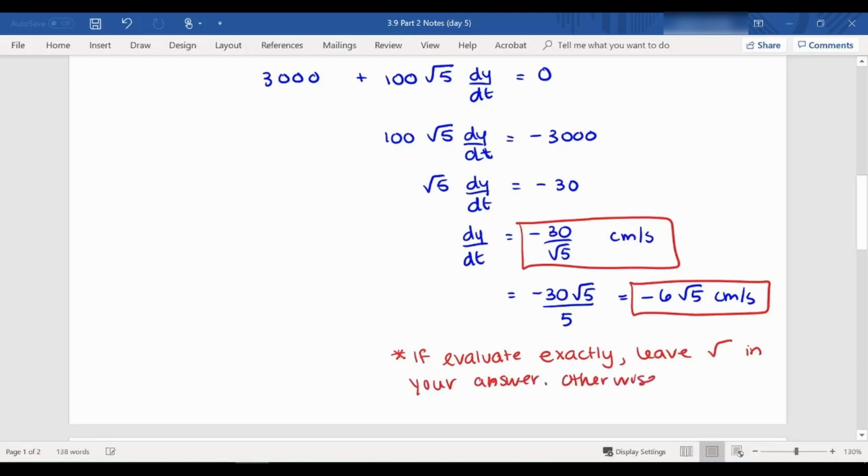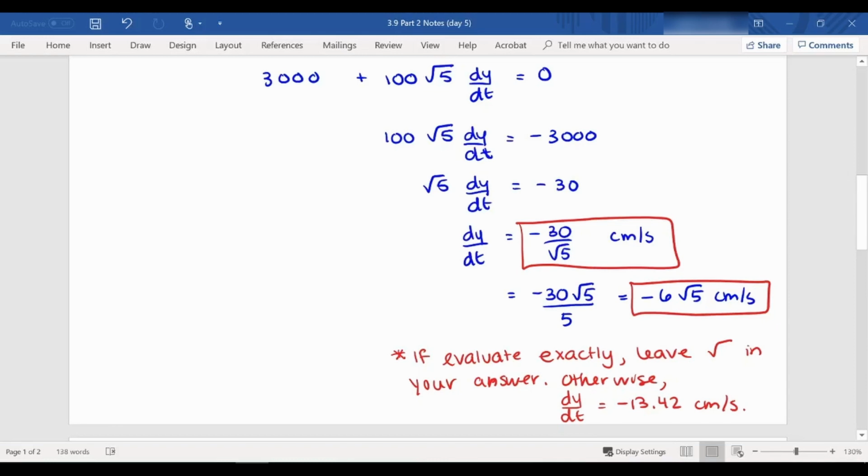Otherwise, we'd have dy dt equals negative 13.42 centimeters per second. So if we did this in meters per second, we would need to divide by 100, which is the answer that we have in the PDF copy that has been uploaded.